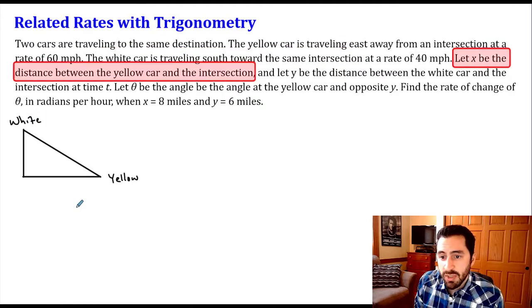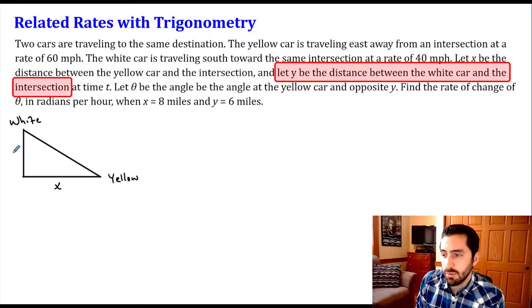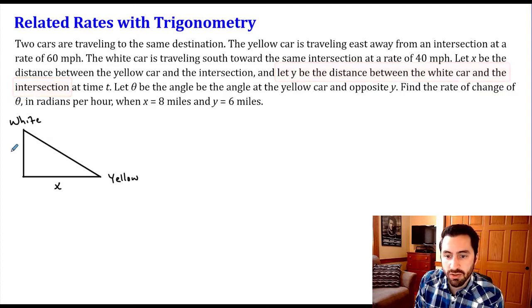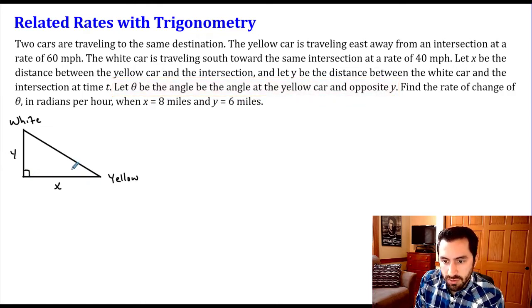It says let x be the distance between the yellow car and the intersection. So our horizontal piece here is x. Let y be the distance between the white car and the intersection. So this vertical one is y. And it says let theta be the angle at the yellow car and opposite y. So our angle here, this one is theta.